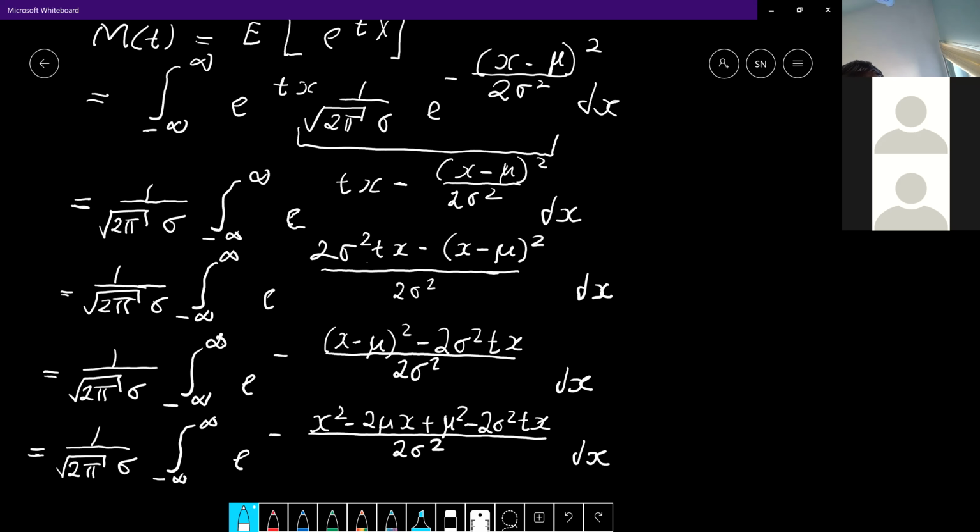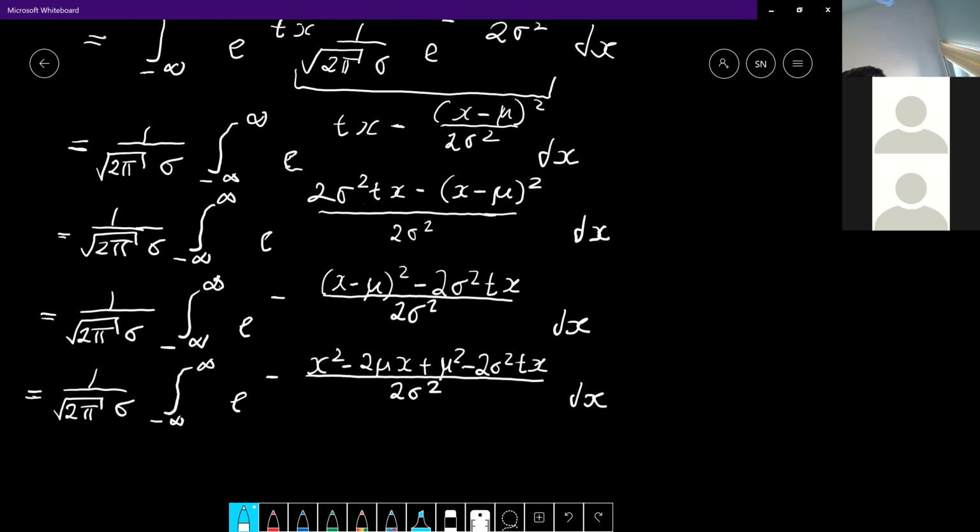Like this. Now I'm going to do something you may be familiar with. If you're not, I will let you know what it is. Do you know something called completion of squares, guys? You probably learned this a long time ago, but maybe forgot. Anyway, let me show you what I'm trying to do.